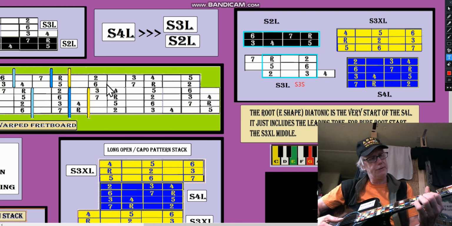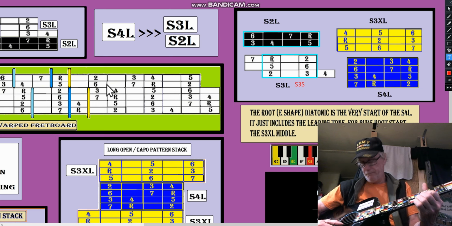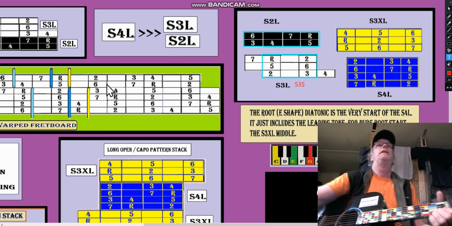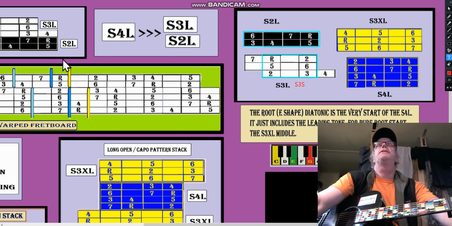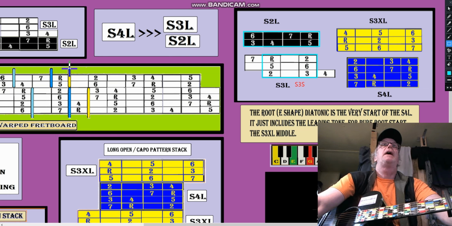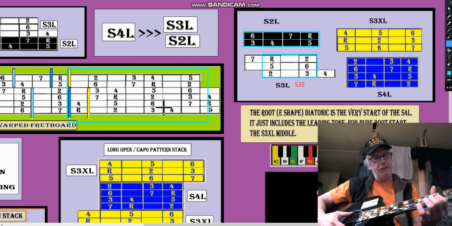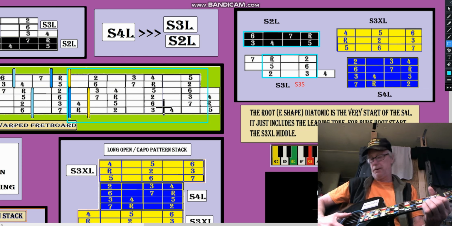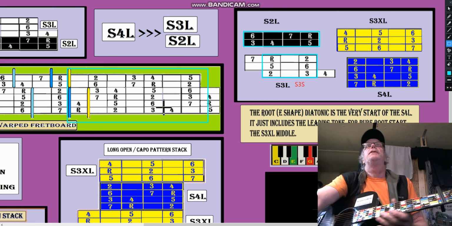As opposed to that sound, which is the sound as if the guitar was tuned to this. That is that guitar, the sound I just made. And that's what these patterns are made for, an all-P4 tuning guitar.